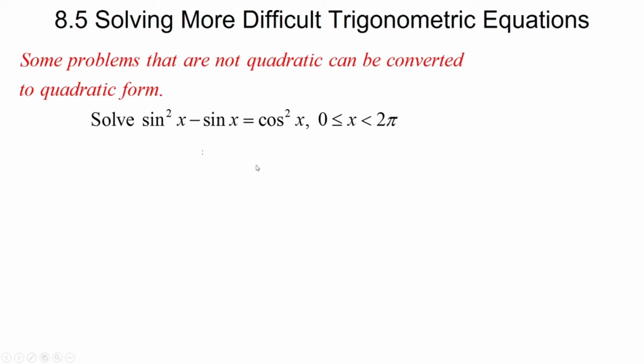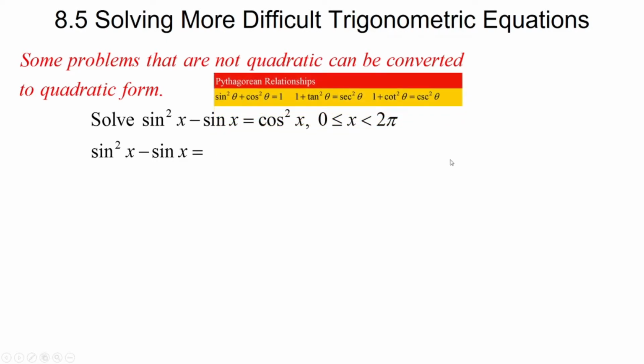All right? And this is more like a conic form right here because my sine's being squared and my cosine is being squared. So I'm going to do this. Sine squared of x minus sine of x equals, and now I'm going to take this cos squared of x, and I'm going to use my Pythagorean relationships right here. And notice my favorite one.